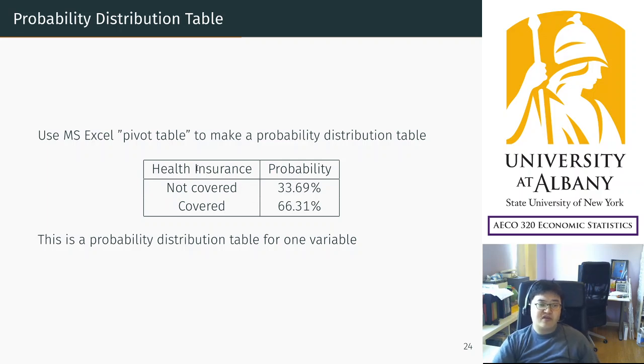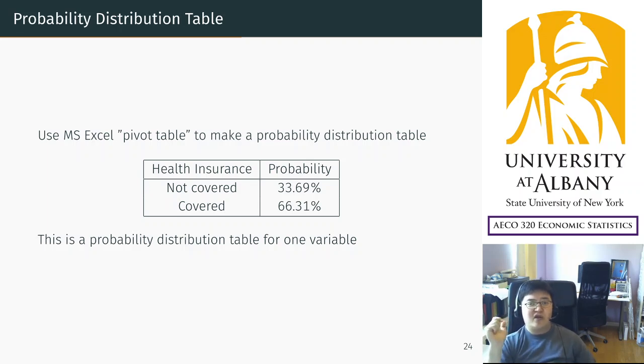This can be done by the pivot table function in Microsoft Excel. I made another video that demonstrates how you get this table, so it is optional. I'm just demonstrating how you do this in Excel. But of course, knowing Excel skills is very important in your job.